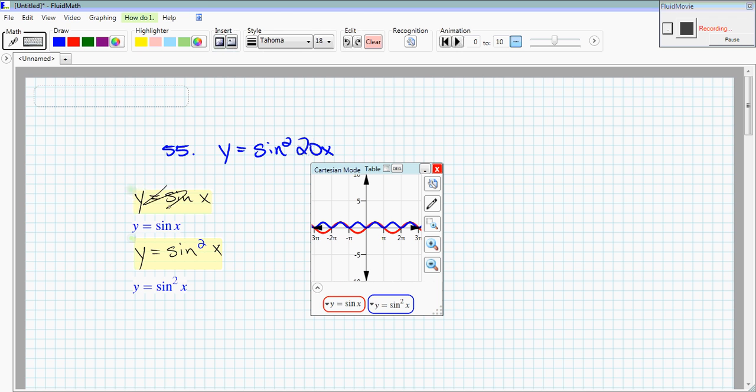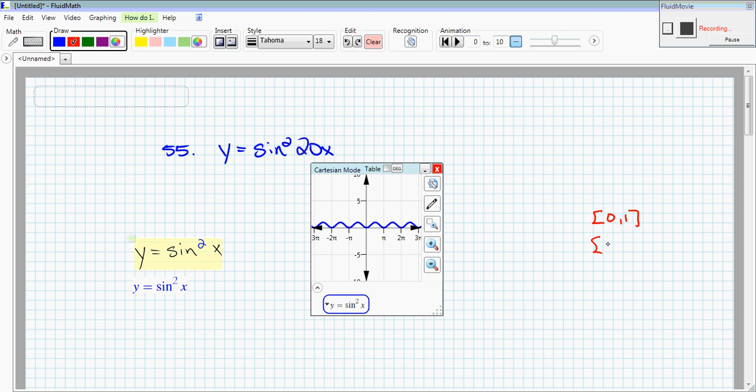As far as the sine squared 20x in terms of the proper viewing rectangle, the fact that we know that the max value is not going to change, still going to be 1 for y. Again, you could go 0 to 1 for y.